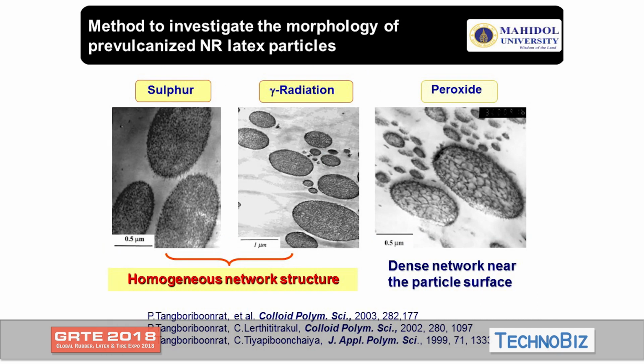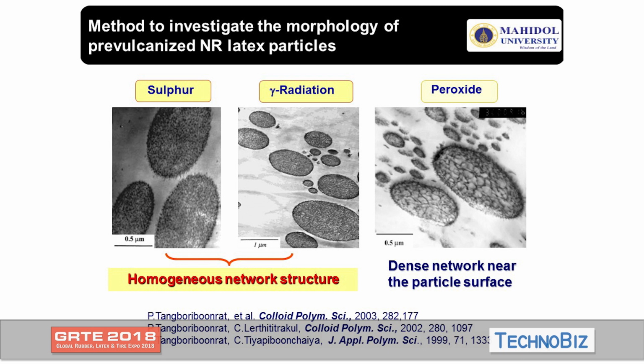This slide shows the method to investigate the morphologies of pre-organized NR latex particles. The methods used to pre-organize the rubber particles are sulfur, gamma irradiation, and peroxide. Among these three methods, sulfur and gamma irradiation provide a homogeneous network structure, as you can see from these TEM images.